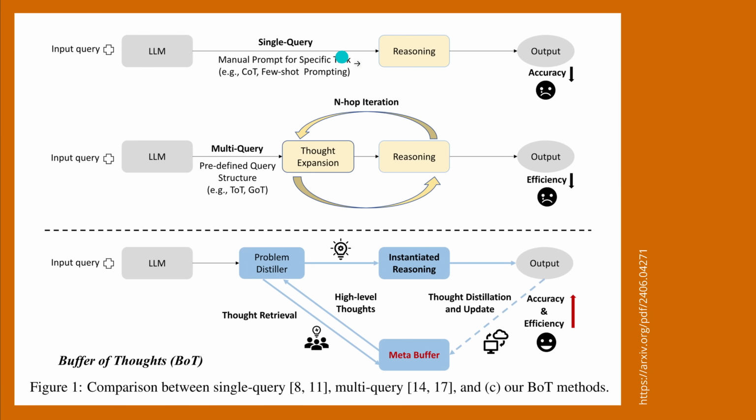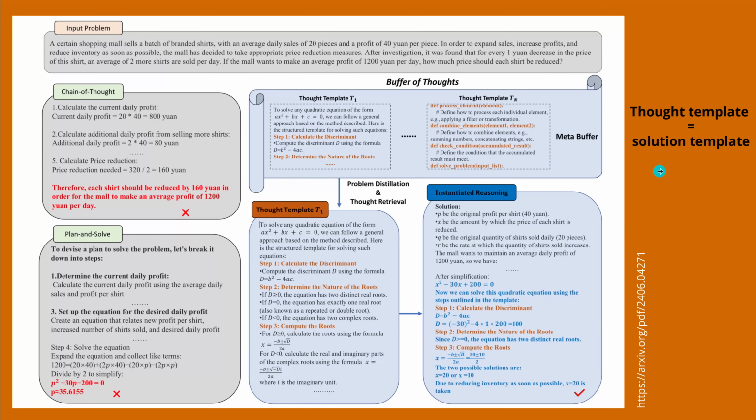And you see here we have a single query, then we have a multi-query, and now we have the buffer of thoughts. Never mind. If you look at the example, I thought, okay, if this is the buffer of thoughts, and it consists of a set of thought templates, and I look at the thought templates and I see that template 1 is to solve any quadratic equation of the form, you can follow the general approach: calculate the discriminant, determine the nature of the roots.